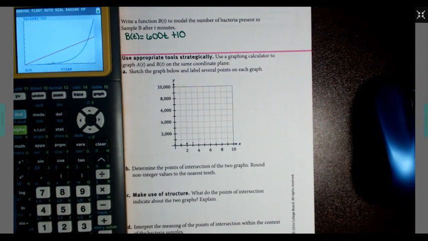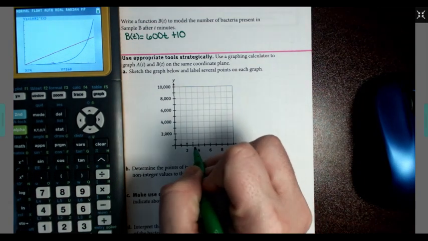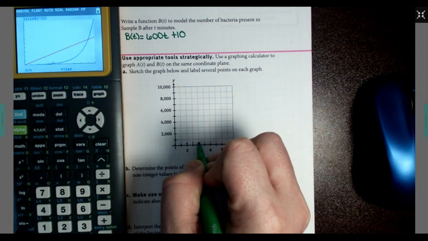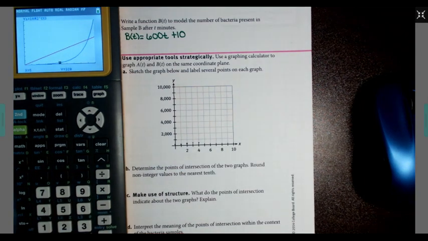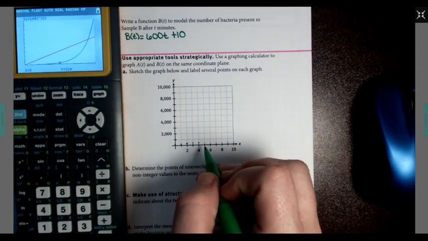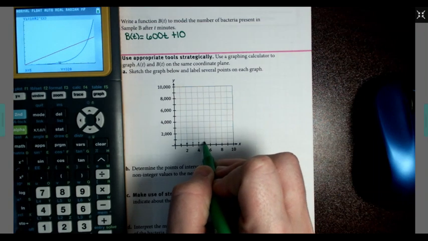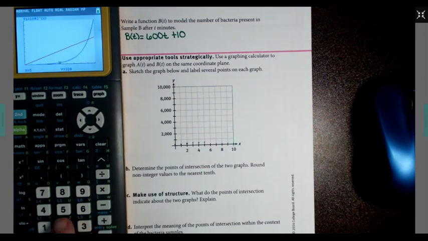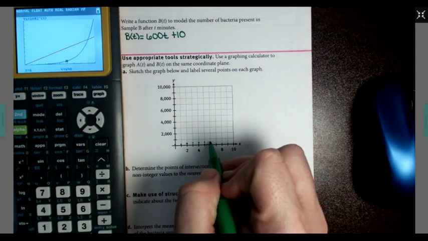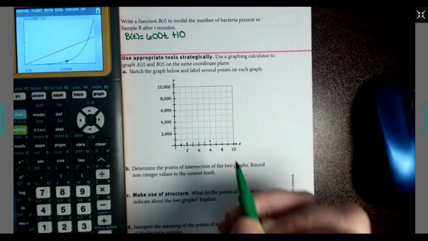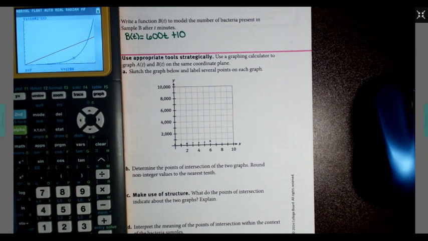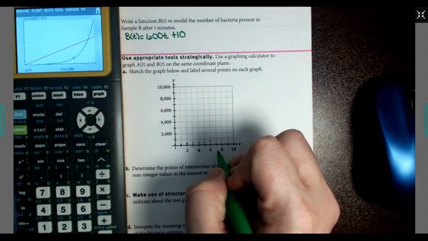At 4, we're at 160. At 5, we're at 320. At 6, we're at 640. At 7, ooh, we finally passed 1,000.